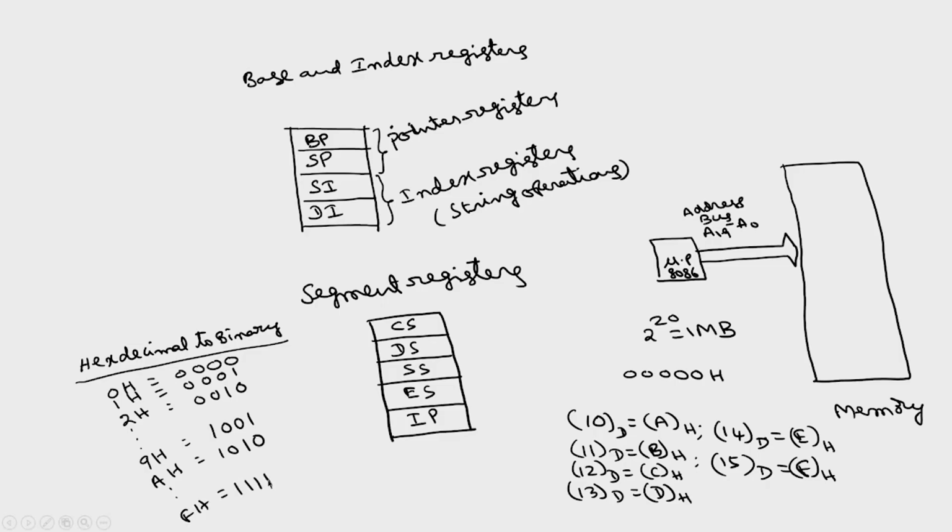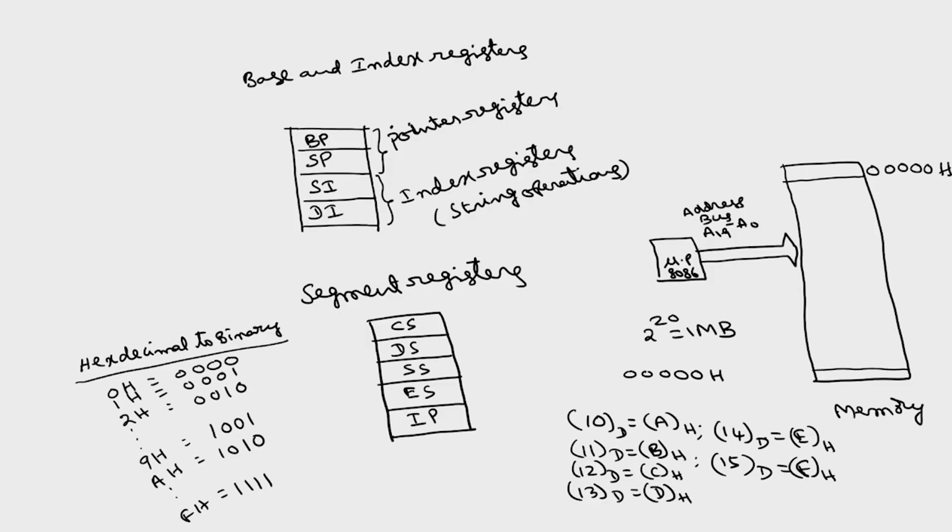So, here if I take the starting address, 20 address lines are there. The starting address will have all address lines as zeros, and the ending address will have all ones, 20 ones. Here the address of this one is 20 zeros, the address of this one is 20 ones. In the hexadecimal number system, this becomes 5 zeros H, because each 0 is equivalent to 4 bits, 5 into 4 is 20 bits.